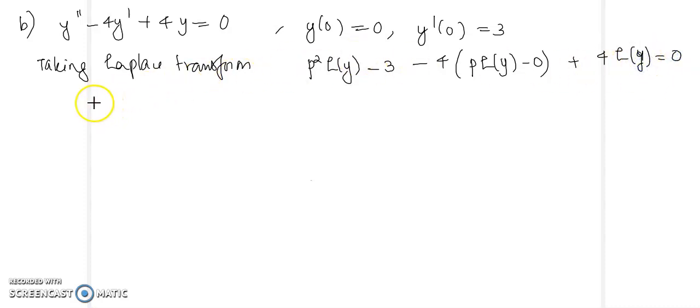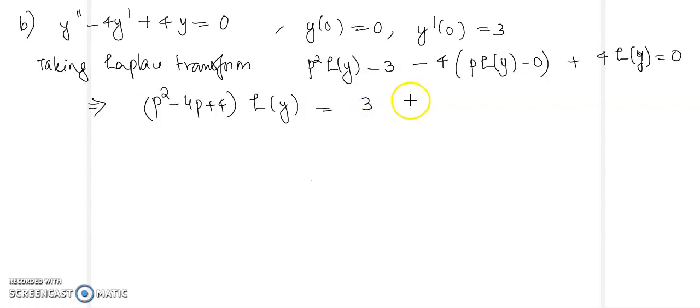So that gives p square minus 4p plus 4 L of y will be equal to 3.